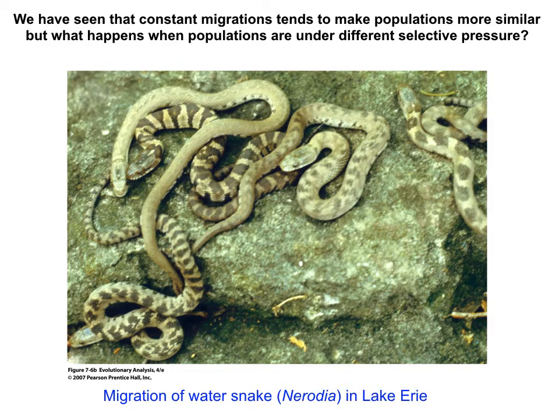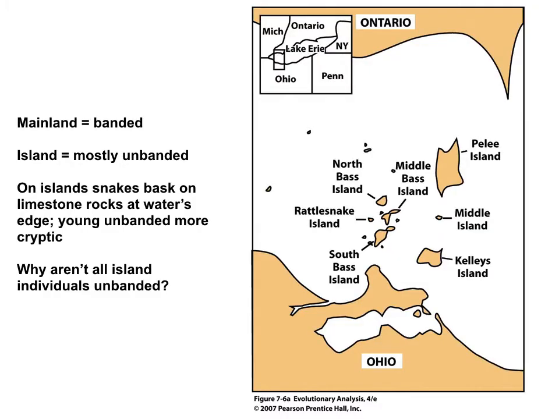So how does this play out on the islands in Lake Erie? Here you have a map of Lake Erie. You see to the north is Ontario, Canada. To the south is Ohio. They went and sampled and looked at snakes on the islands and on the mainland, both the mainland in Ontario and down here in Ohio.